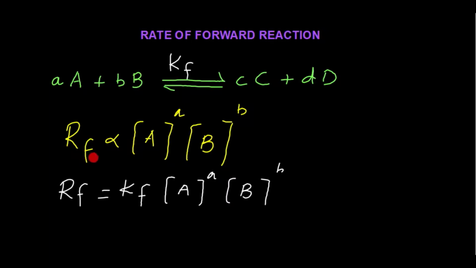Square brackets represent the molar concentration of reactants: [A] is the molar concentration of A, and similarly [B] is the molar concentration of B. While small a and small b represent the number of moles of A and of B, Kf is the rate constant for the forward reaction. I hope this is clear to you, students.